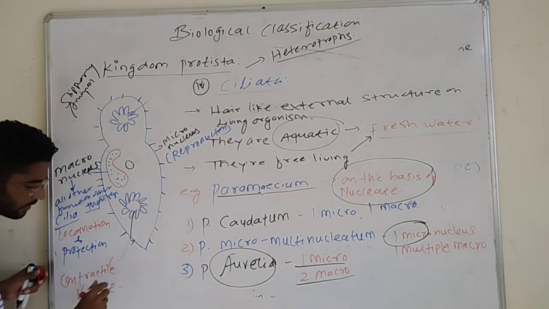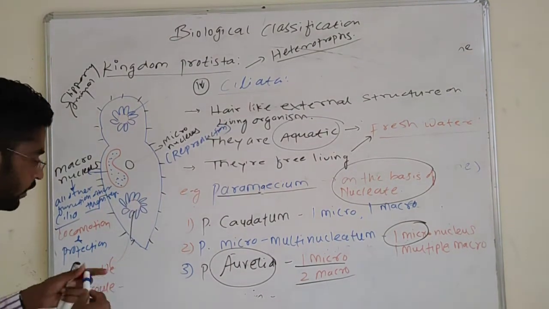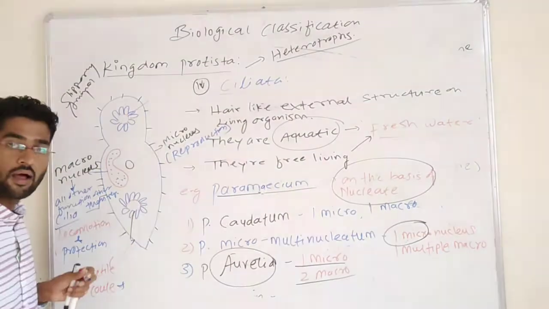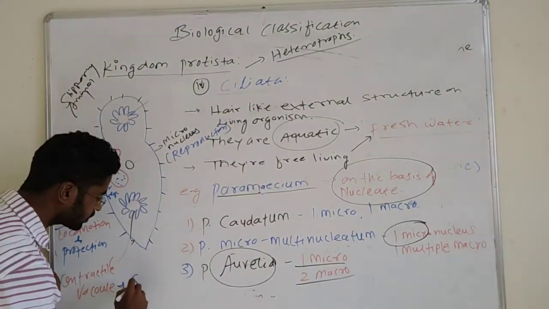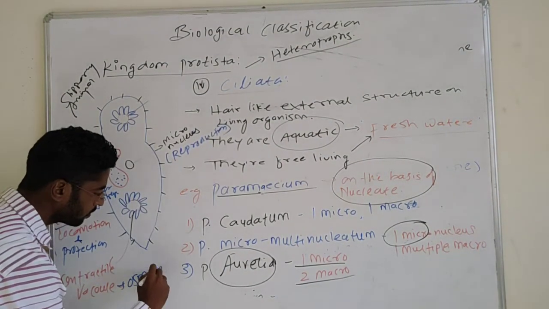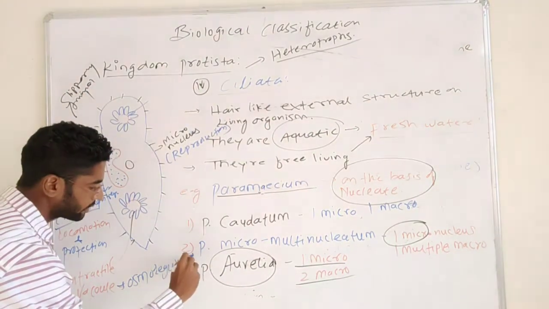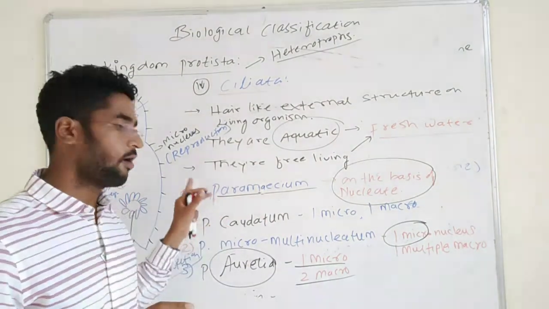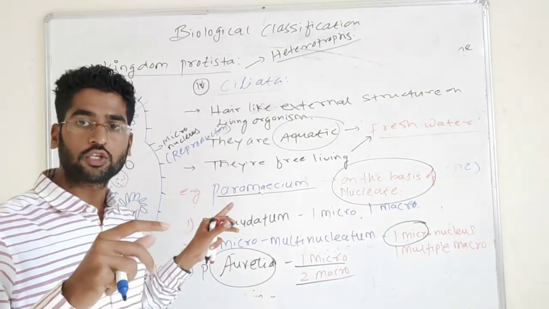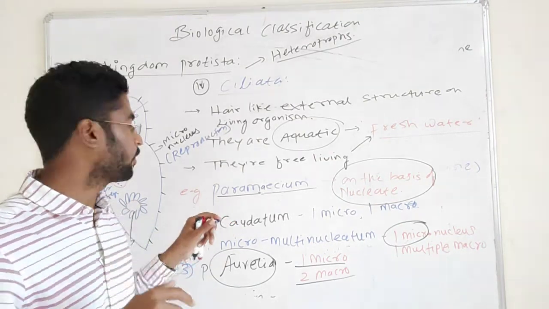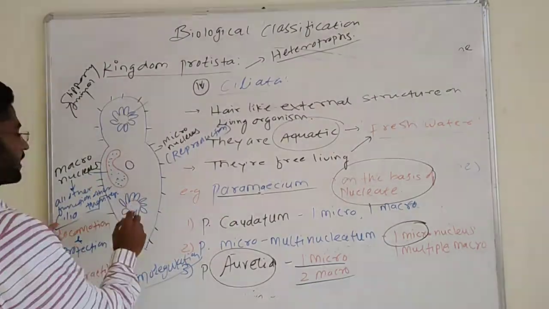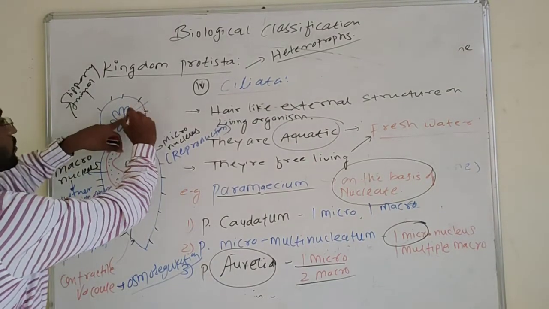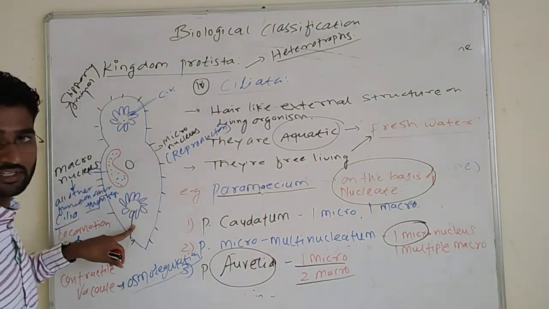And because they are aquatic, this contractile vacuole helps in the process of osmoregulation, right? So it maintains their water balance, since they are a floating body. They are two in number. Here one is a contractile vacuole, and this one is a similar structure.